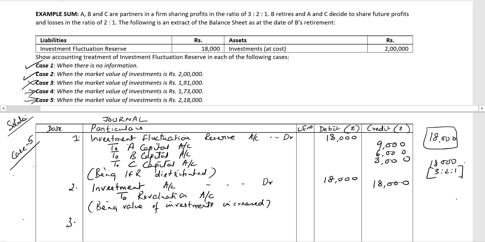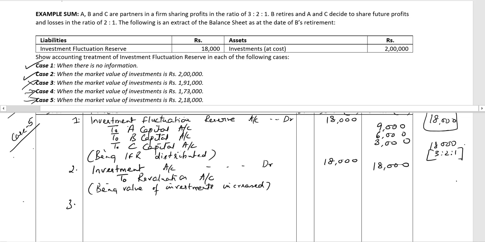The final journal entry. There is a gain on revaluation of rupees 18,000. So this gain has to be transferred to all partners' capital accounts in OPSR. So that's the third journal entry.